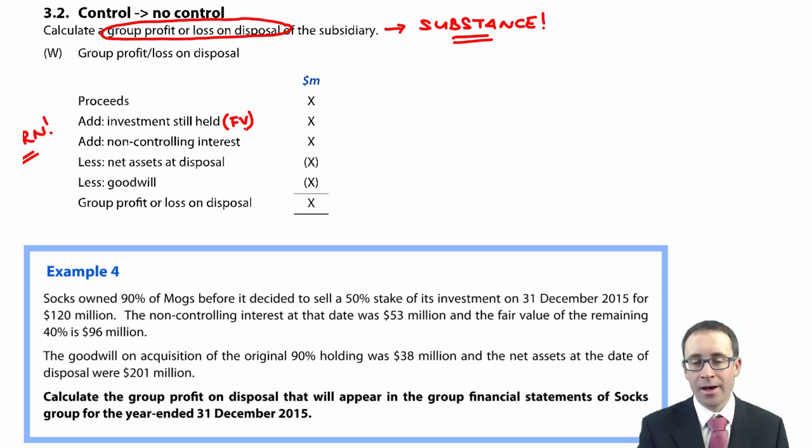Okay, and it just gets a little bit funky, doesn't it? Because if you think about it, we're working out a profit or loss on disposal, so it's more geared, isn't it, towards a statement of profit or loss question. But when you're throwing in a goodwill aspect to it, that's a bit SFP side, isn't it, of the argument.